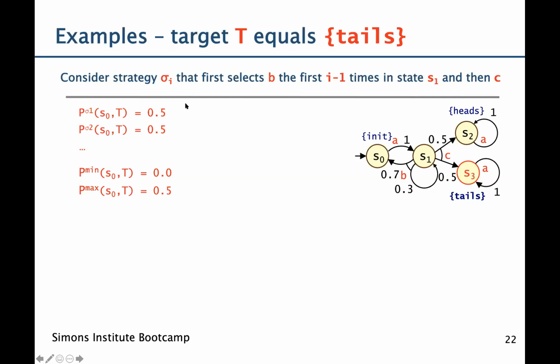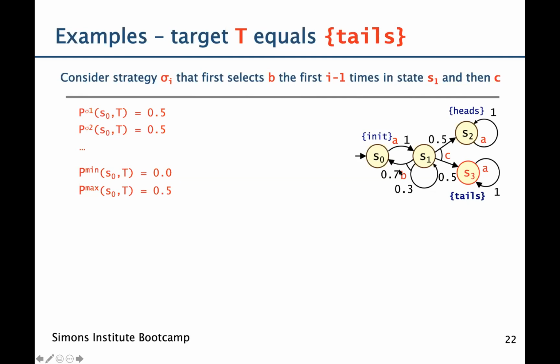On the other hand, if we consider the strategy that first chooses B the first time in S1 and then always chooses C, well, we can see after that there's always probability 0.5 that it either goes to S2 or S3. So the probability of the target set tails being reached is again 0.5.